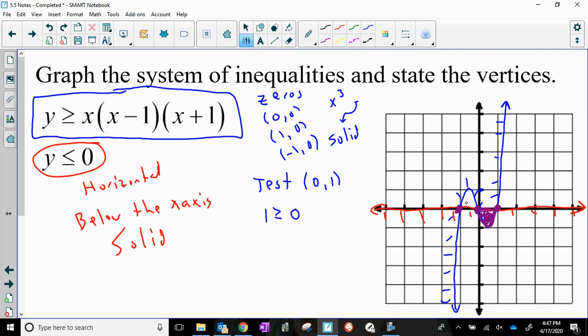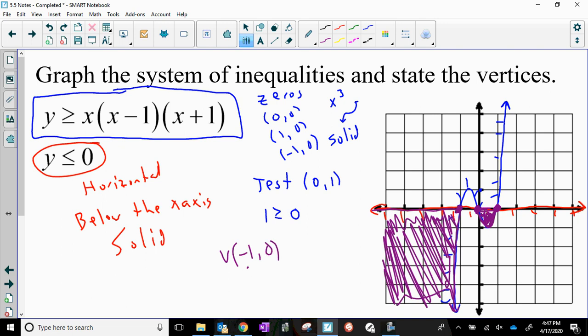There is a vertex here at negative 1, 0, and we have this bottom left region that's shaded. Let me state my vertices. And we're done.